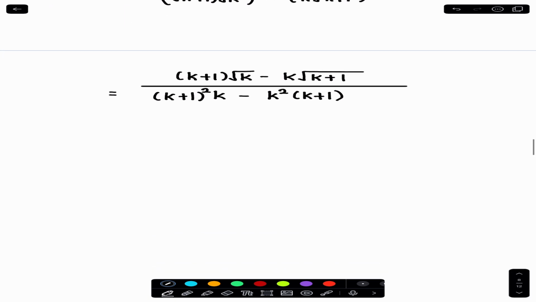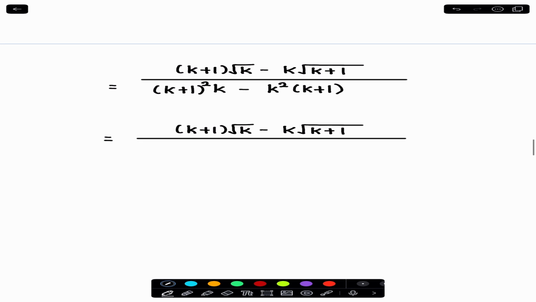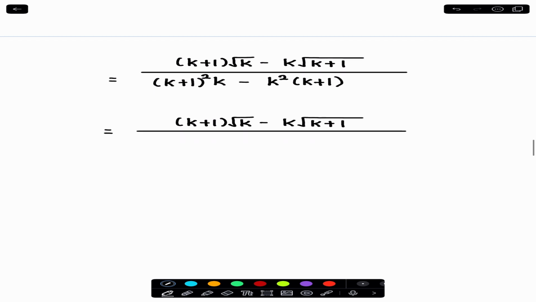All right. Now, let's see if we can simplify this denominator a bit. So I'm going to pull out a common factor of k times k plus 1, because what we're left with is we got one copy of k plus 1 still inside, and then we have a k still inside.